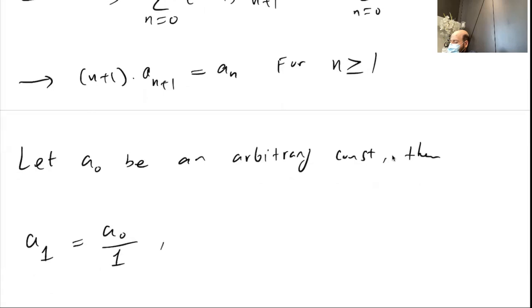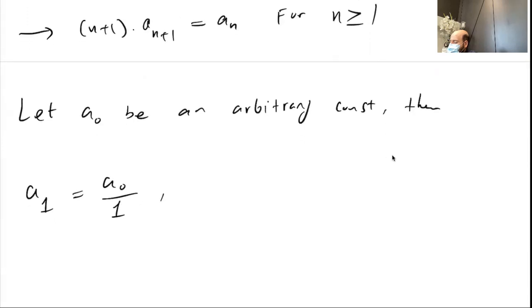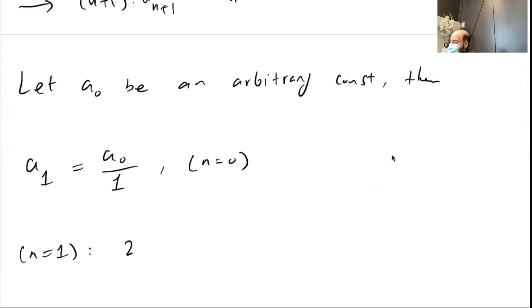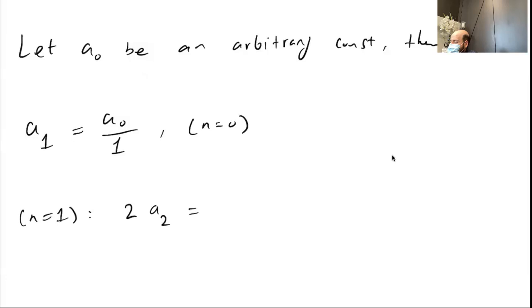And what about a2? So 2a2, if I replace n with 1, this is for n equals 0. If I replace n with 1, then I'll get 2a2 equals a1, which is the same as a0. So a2 will be a0 over 2.